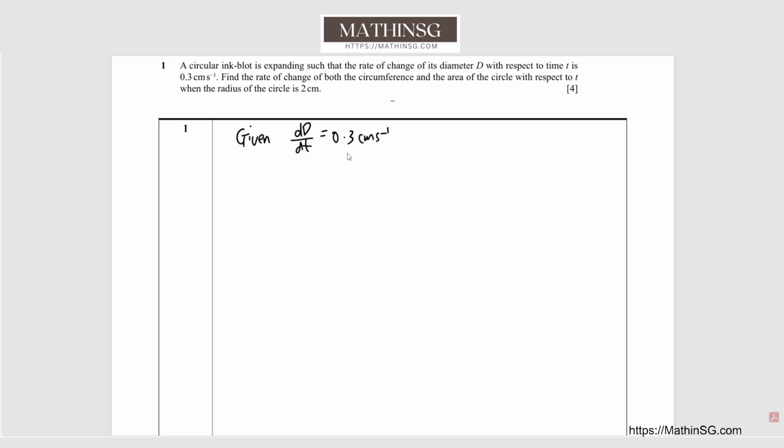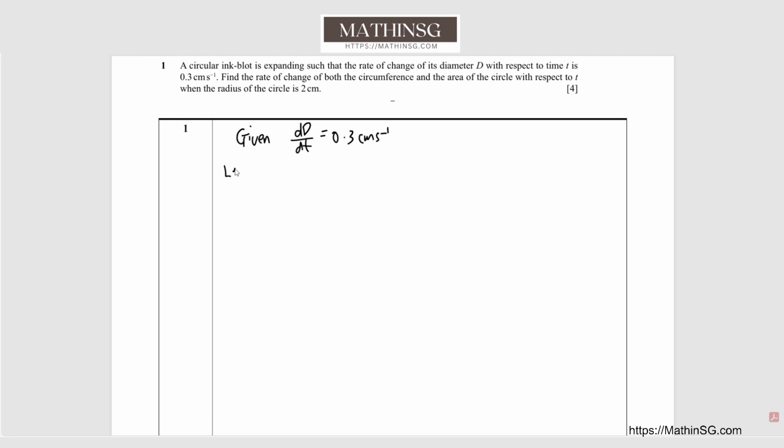Okay, so what are we asked for? We are asked to find the rate of change of the circumference and the rate of change of area with time when the radius is 2 cm. For this question, they have only defined uppercase D, which is diameter, and t, which is time. So we first need to define two other variables.